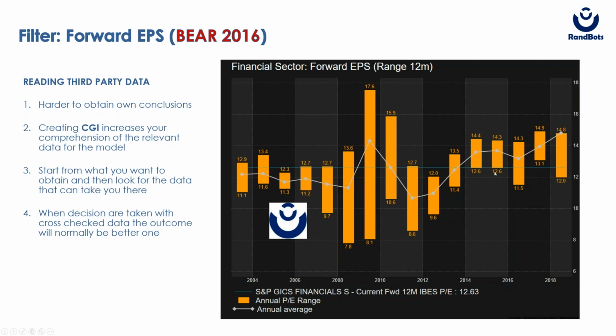The 14 and the 15 match with 12.6, and the following year, the market expected lower forward earnings for the financial sector. This was a sell signal for me. It did not work very well because 2016 was not a very weak year for the market, but banks did not perform as well as other sectors.